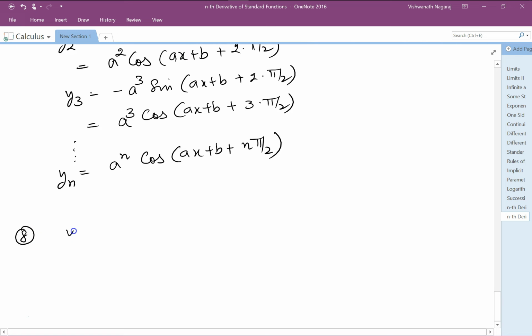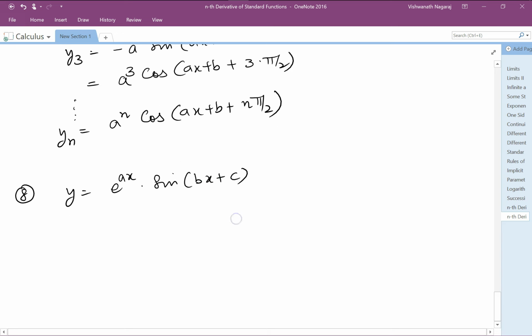Let's do the next one. Let's find the derivative of y equal to e to the power of ax times sin(bx + c). y1 would be, remember the rules remain the same, sine differentiates to cos. So cos(bx + c) times b, we left e^ax as it is and differentiated the sine.